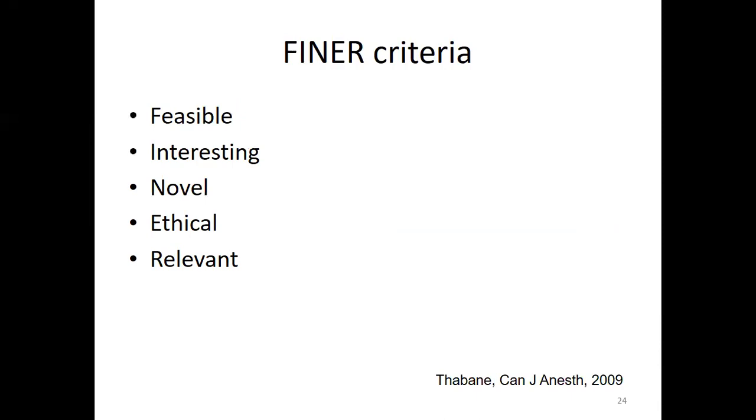Now, none of these are exactly cut and dry, right? So what's feasible for someone on a 1-year research fellowship is very different than someone who, say, is a full professor and has the rest of their career to work on a project. And so that will change both on where you are in your career path, and also who you are.